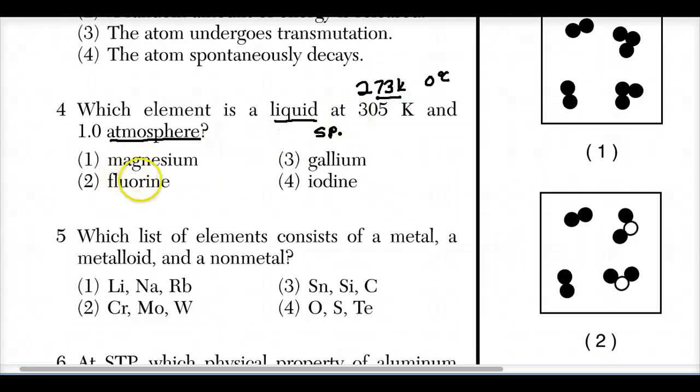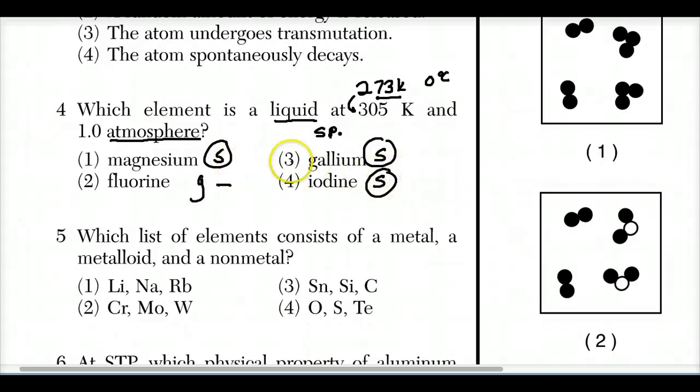You should know who your gases, who your solids, and who your 2 liquids are. Okay, so magnesium is a solid metal. Gallium is a solid metal. Iodine is a solid nonmetal, and fluorine's a gas. So obviously it's a gas at STP, it's going to be a gas at higher temperatures. So which one of these would melt at low temperatures?